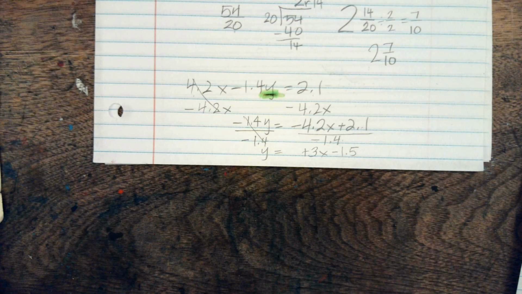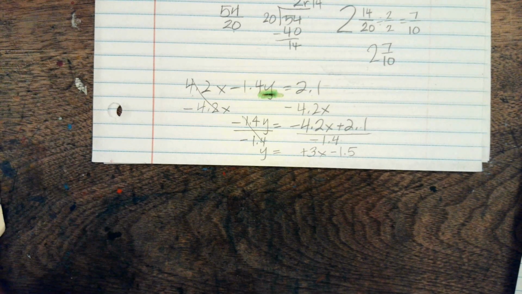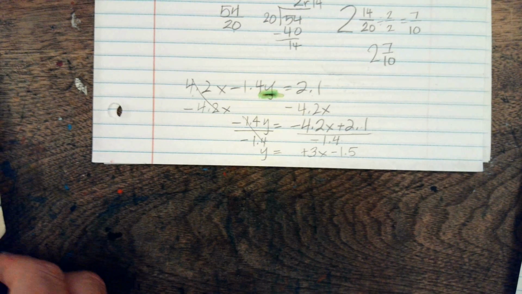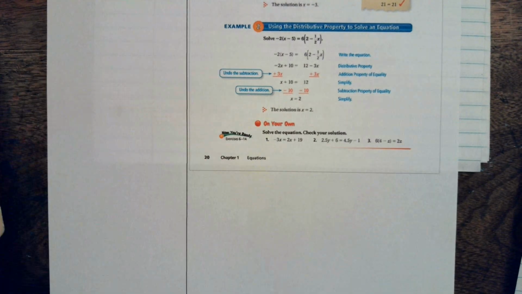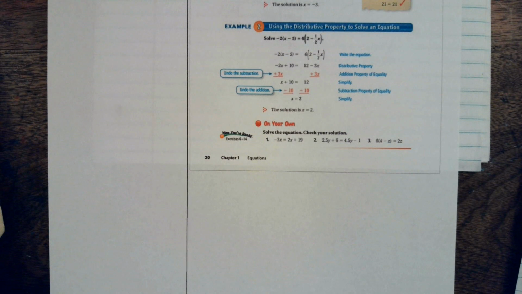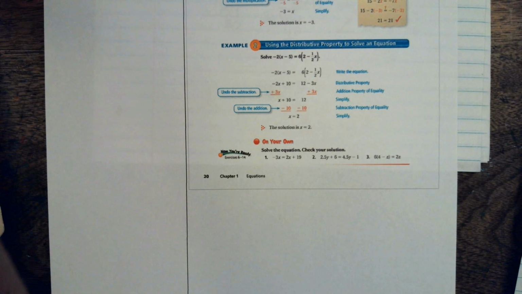Let me just look. I printed out your sheets. Okay, the distributive property. So we have right here, we have to distribute this.